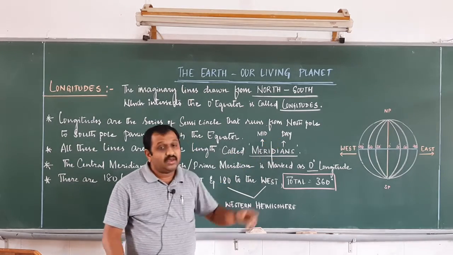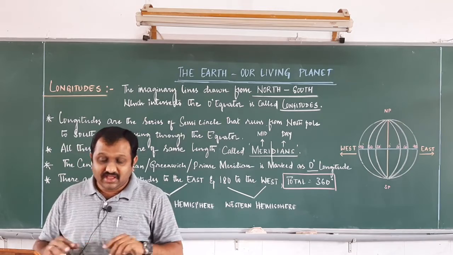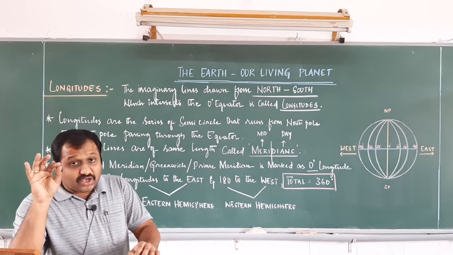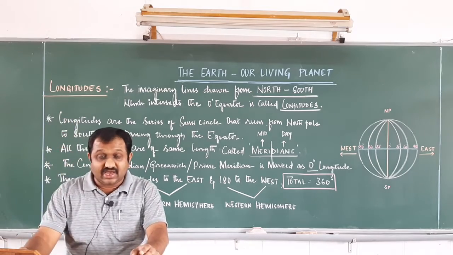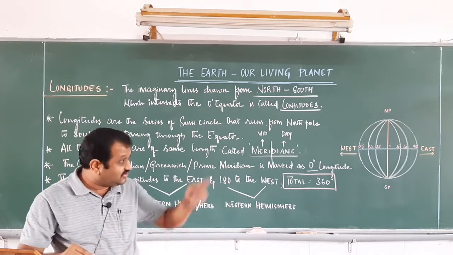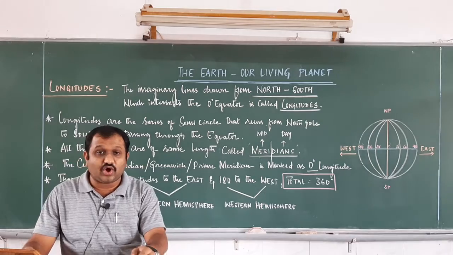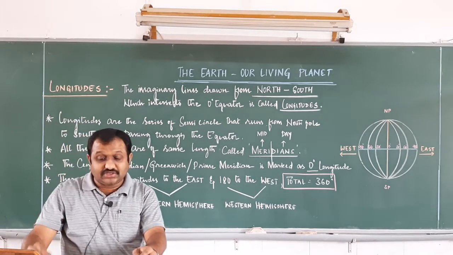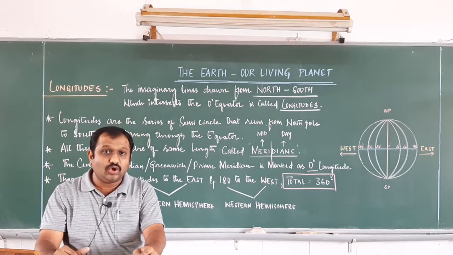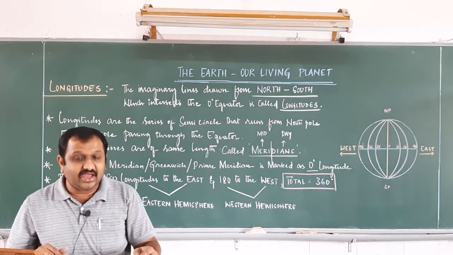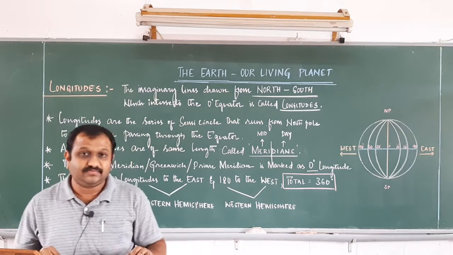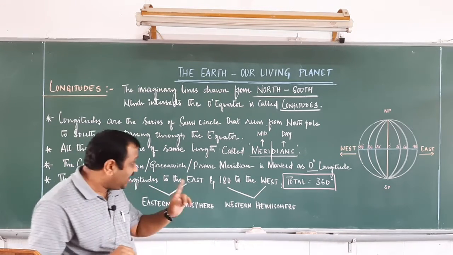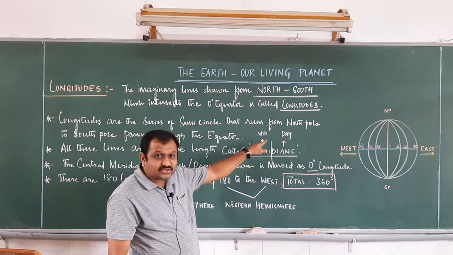So meridian means midday. That means all the places along the same meridian of longitude experience noon or midday at the same time. Hence, we call them meridians, or midday.